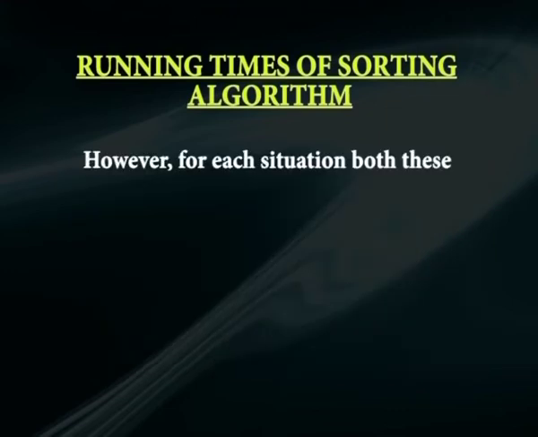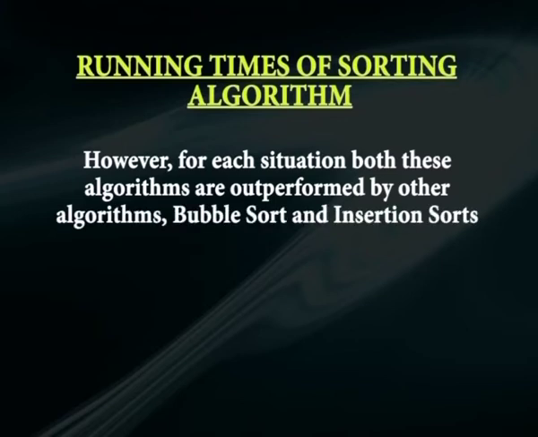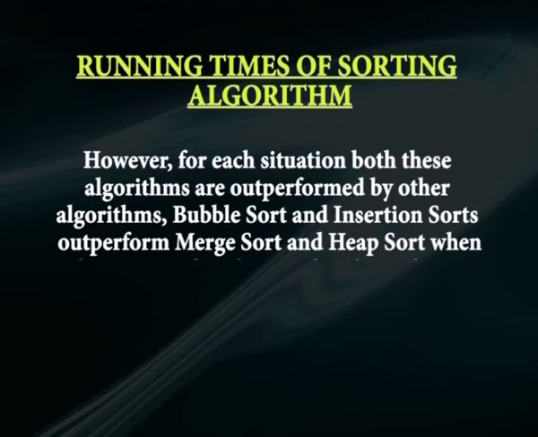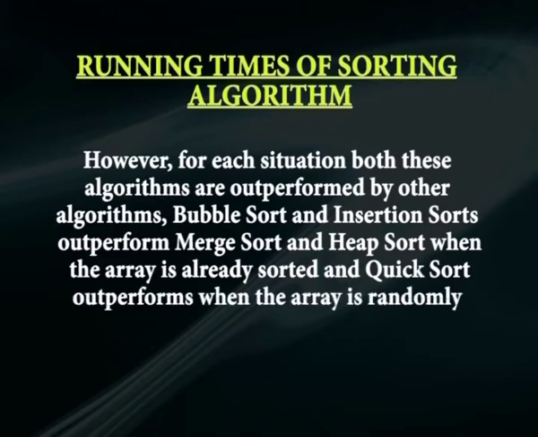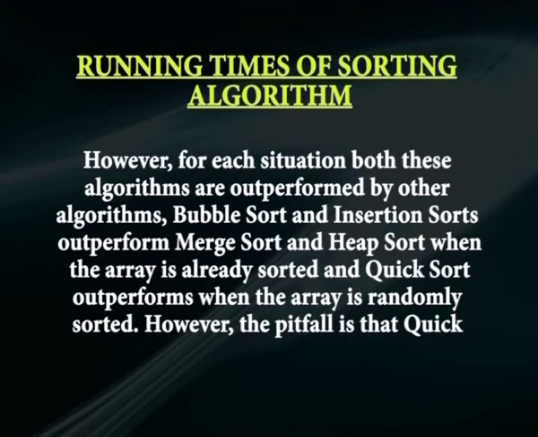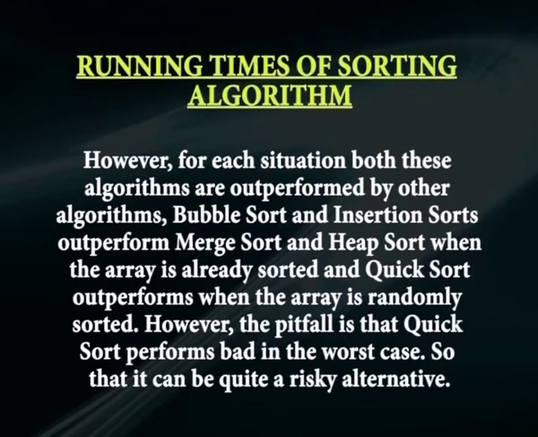However, for each situation, both these algorithms are outperformed by other algorithms. Bubble sort and insertion sort outperform merge sort and heap sort when the array is already sorted, and quick sort outperforms when the array is randomly sorted.